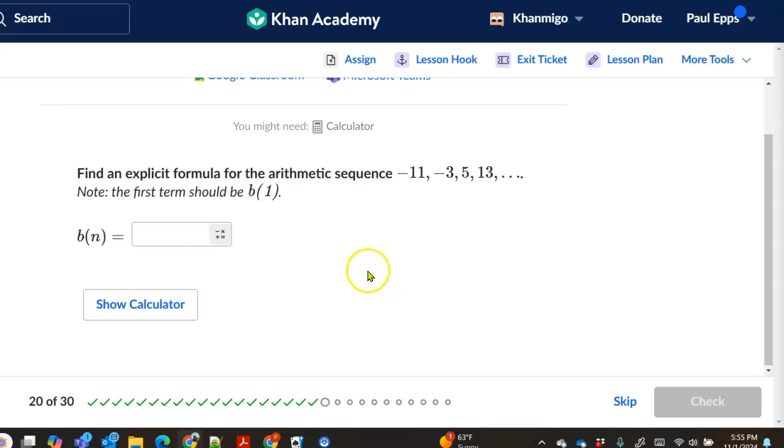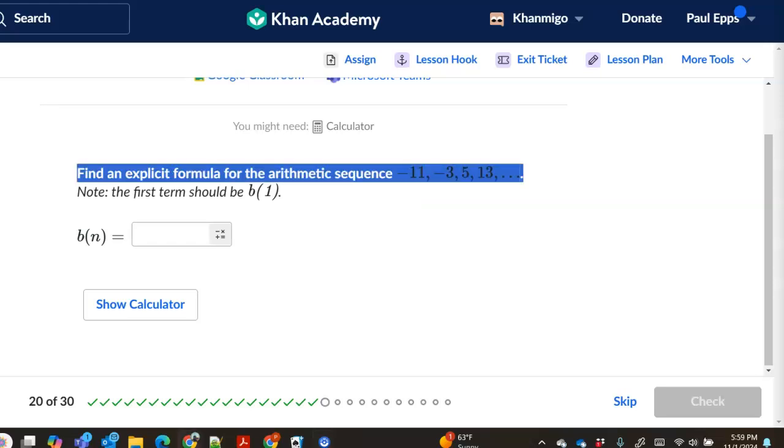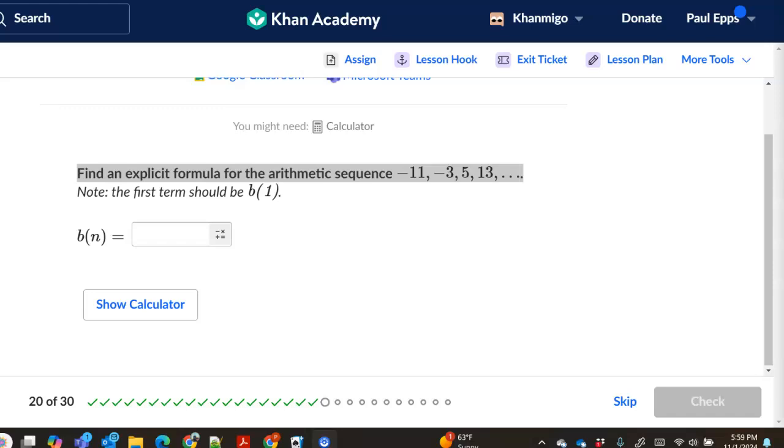So it's adding 8 every time. Okay. So for an arithmetic sequence, we would have, that's not what I want to do. Where's the pen?